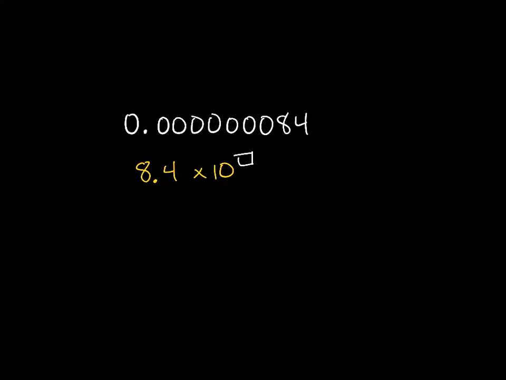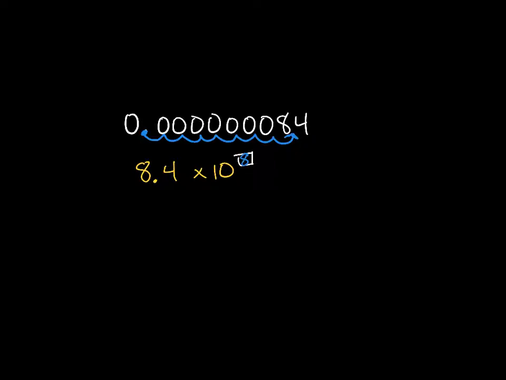So we look at our original number and we find the decimal right here in blue. Then we're going to move our decimal over and count the spaces until we get between the 8 and the 4, where our new decimal is going to be. 3, 4, 5, 6, 7, 8, and stop right there. So I'm going to have an exponent of 8.